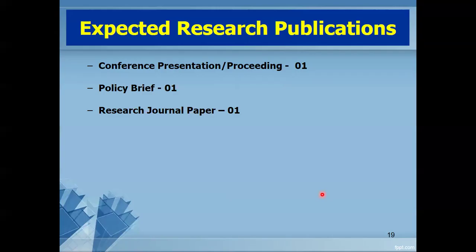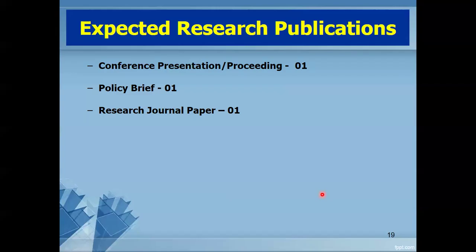So therefore, you can include these expected research publications, right? Maybe conference proceedings, maybe a policy brief in a magazine or a newspaper article, right? But more importantly, you can publish your research outcome as a research journal paper, right? So similar to this one, you can highlight how many research papers you are going to publish from the thesis, and how many conference presentations you are going to conduct, right?